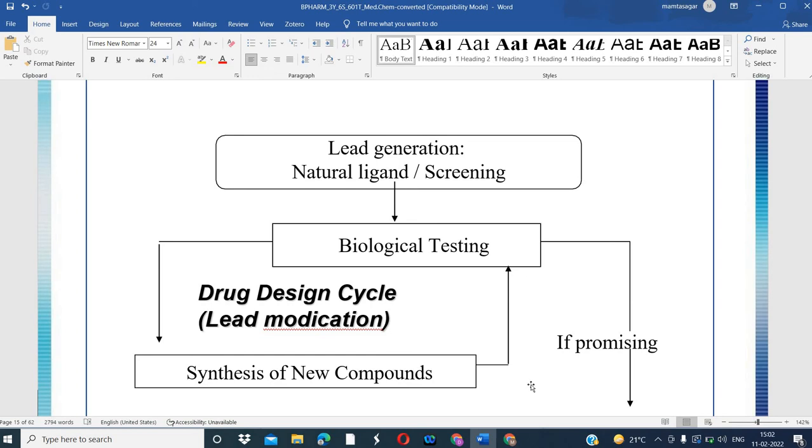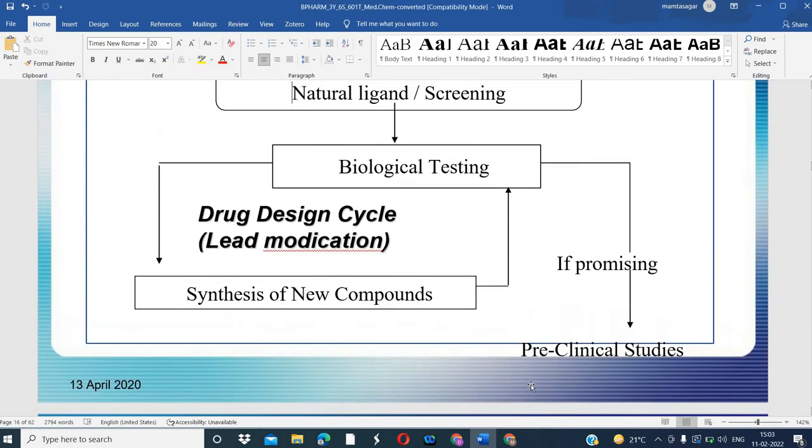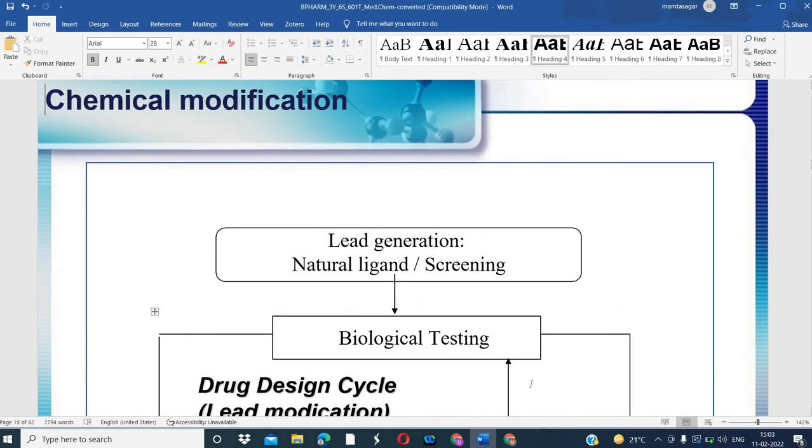It should reach the target to work against it. If it gets modified, then it won't work. So you do the modification on the side groups. You change the side groups of the drug molecule by chemical modification. That's what we do in drug design in the computer.